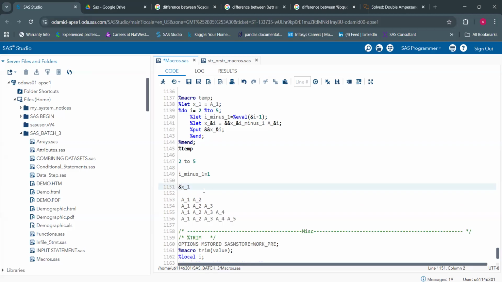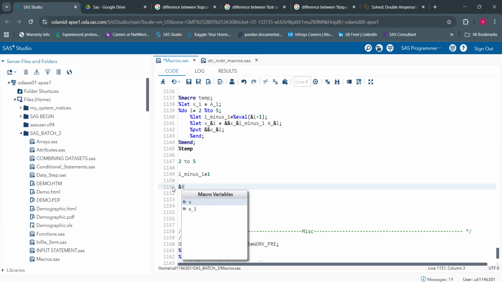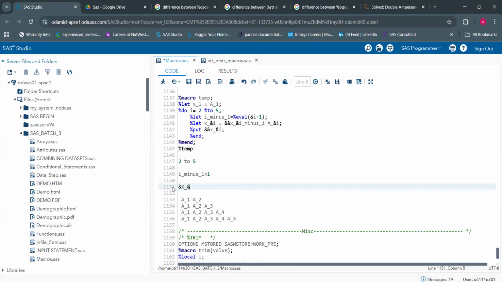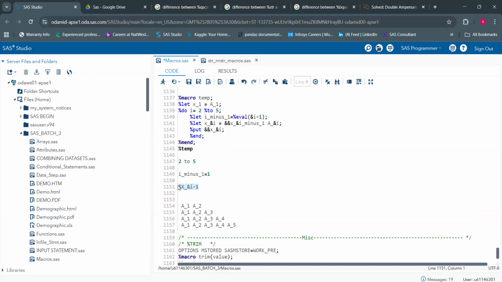What happens when we have single ampersand? It straight away resolves &x_&i minus 1. It tries to resolve this entirety.